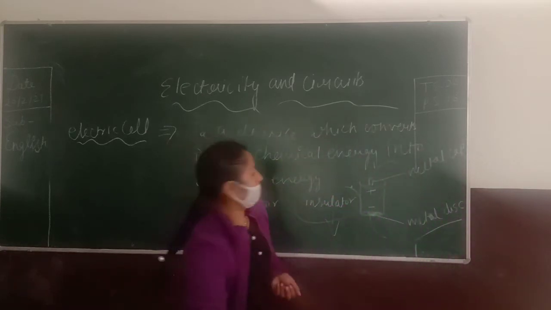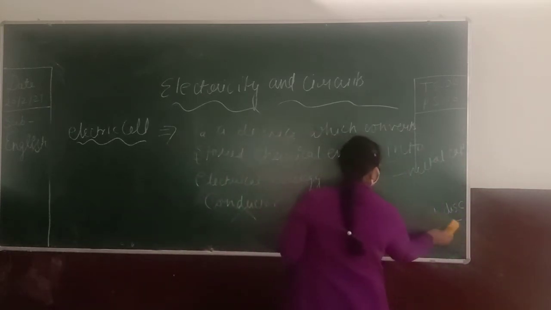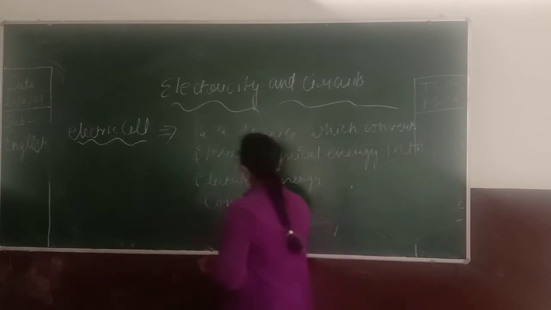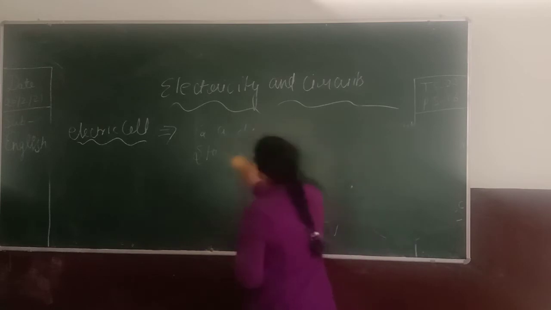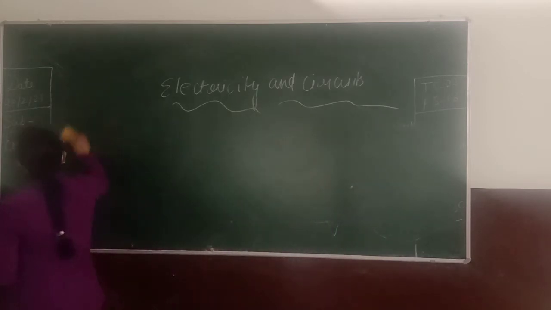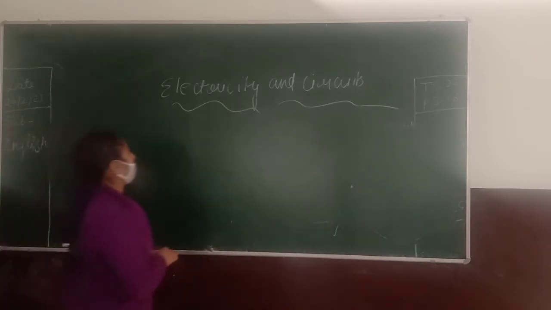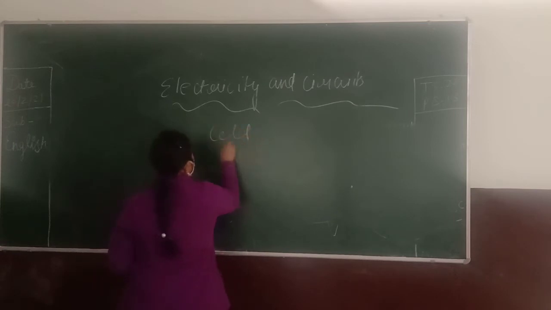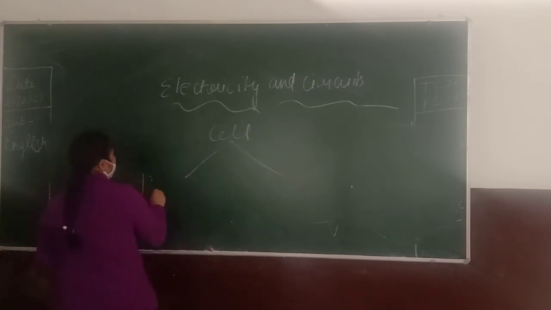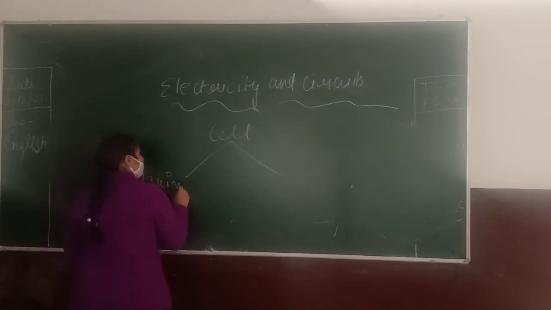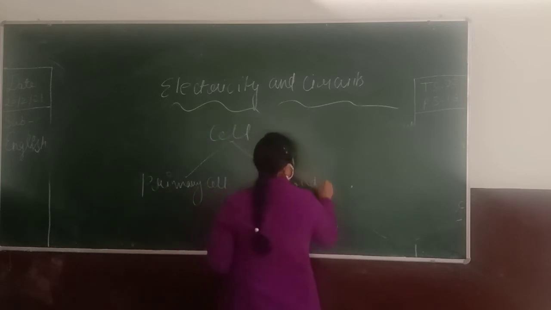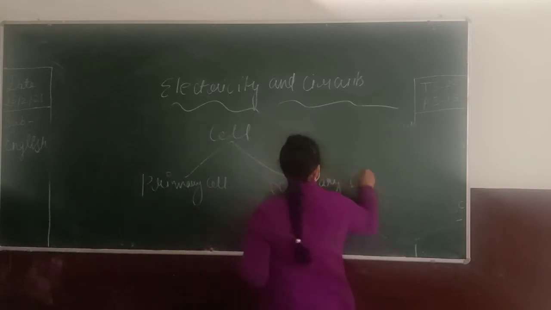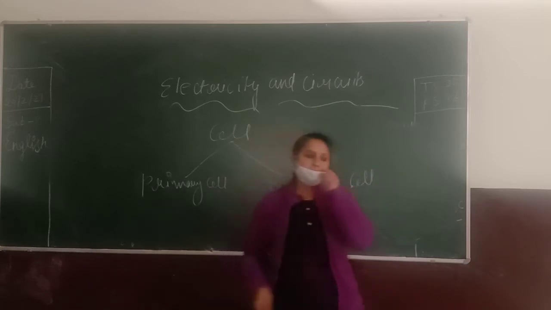Students, let me tell you about the cell. A cell is of two types: one is the primary cell and the other is the secondary cell. What is a primary cell?